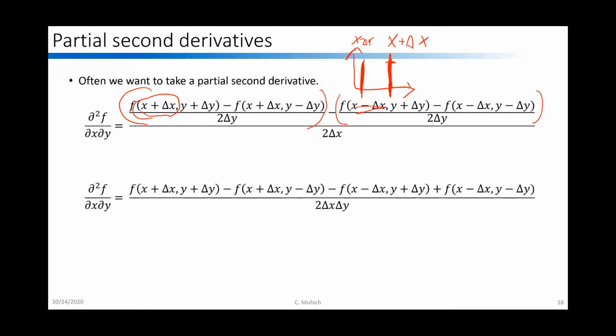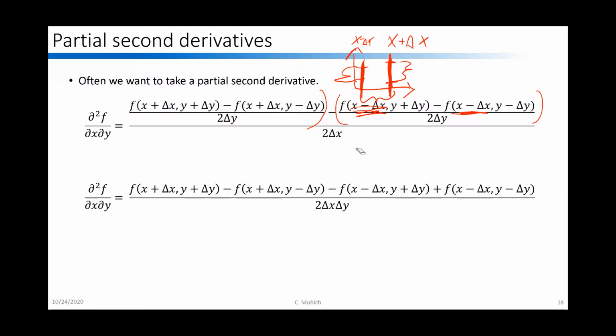So I keep those two same x values, and then within each of these cases, I'm changing y. So I'm looking at the difference here and my difference here, and then I can take that difference between the two. So that's where that second delta x comes in.